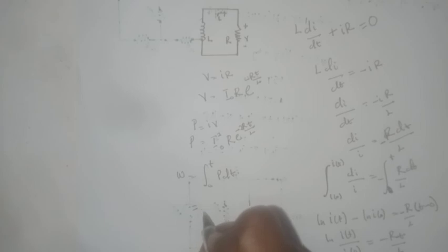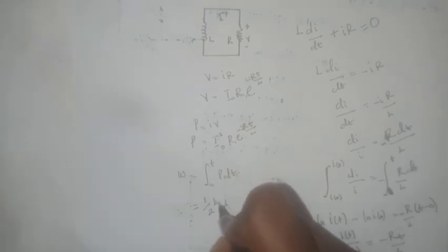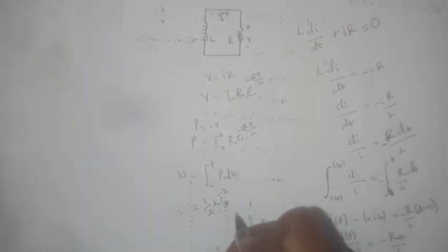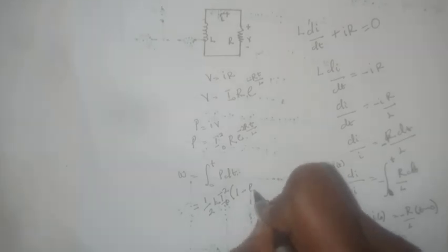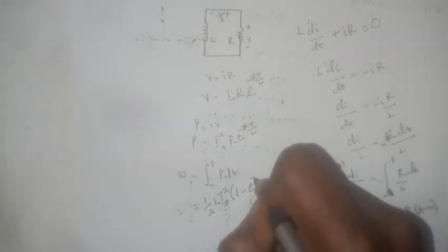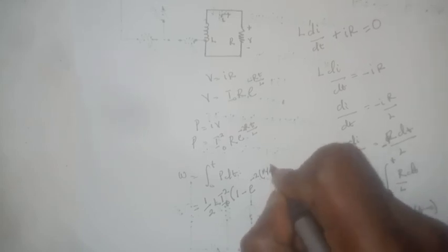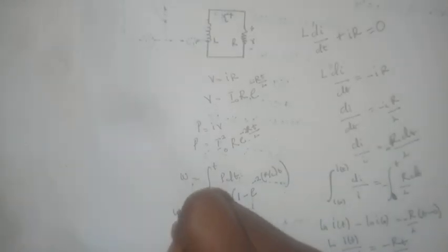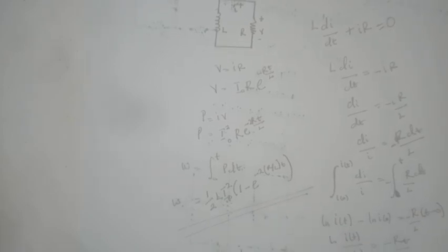I'm not going to bore you with the integration, I'm just going to show you that we will arrive at half L I naught squared into 1 minus e to the power minus 2R over L t. And this is going to be the formula for the energy dissipated across the resistor at any point in time.